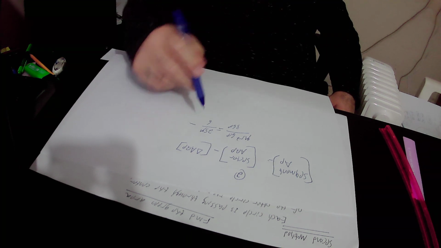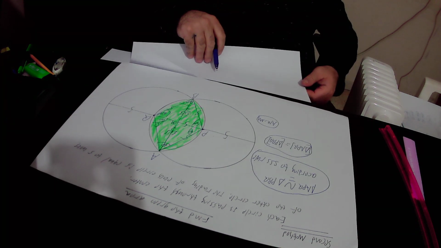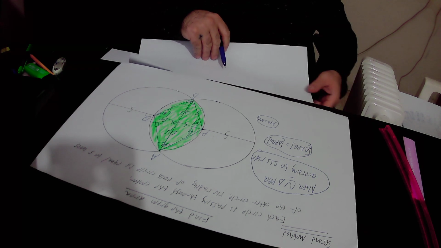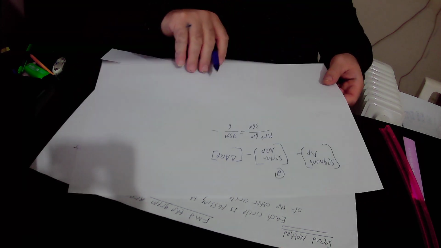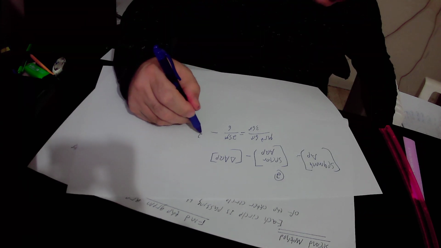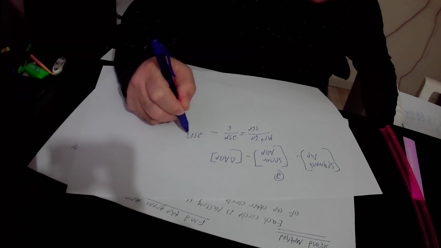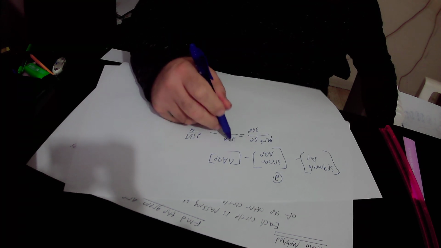So what is the area of triangle AQP? We have already found out that the area of triangle AQP equals 25 times square root of 3 over 4.